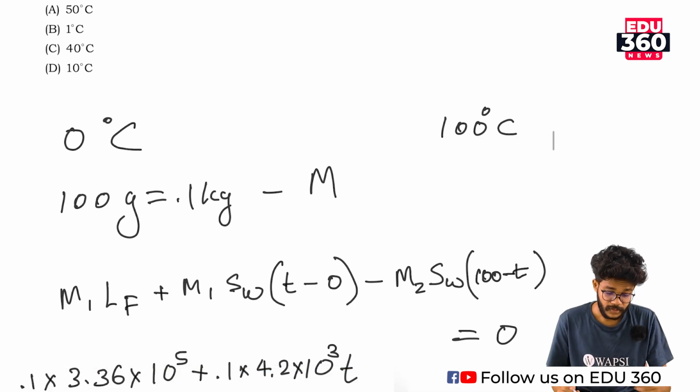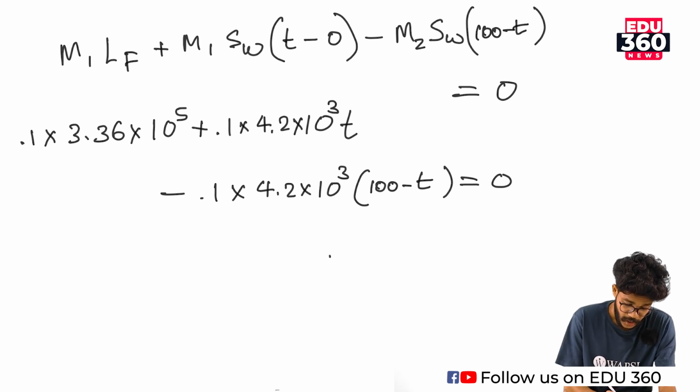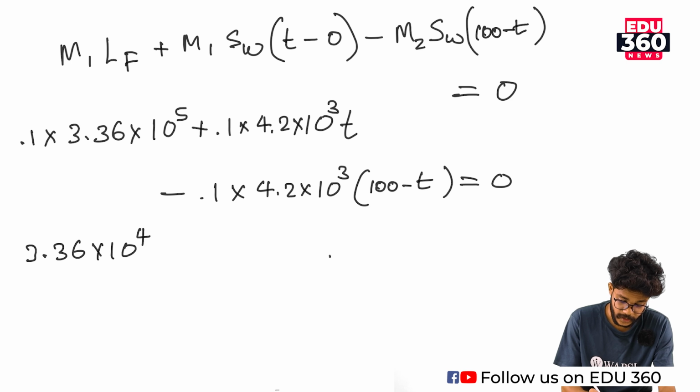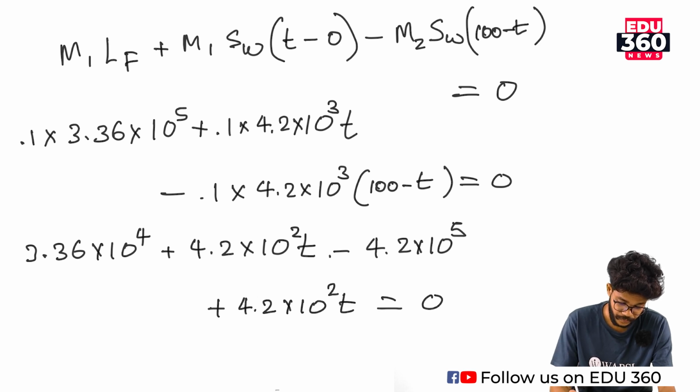Then we can open our bracket, which gives 0.1 into 10 raised to 5 is 10 raised to 4, so 3.36 into 10 raised to 4, plus 4.2 into 10 raised to 2 T, minus 4.2 into 10 raised to 4, plus 4.2 into 10 raised to 2 T, equal to 0.